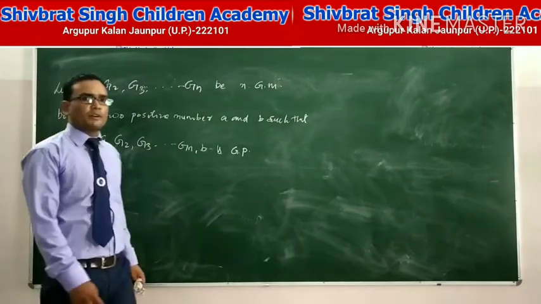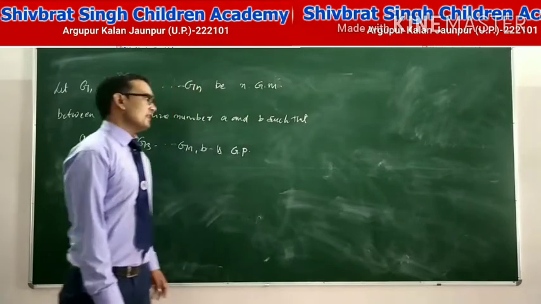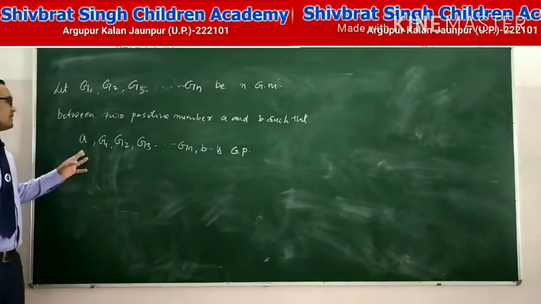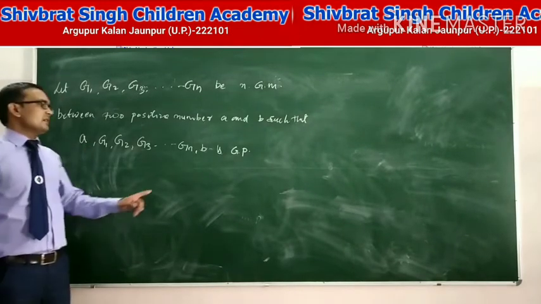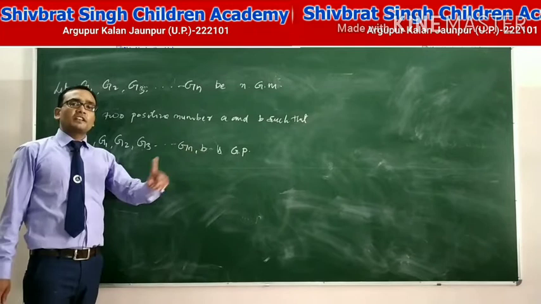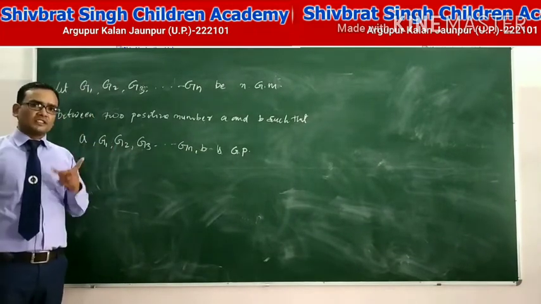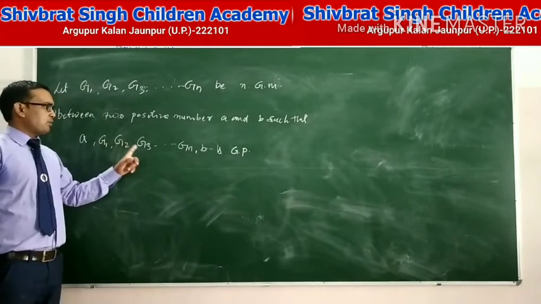This sequence is a GP, the first term of the GP is A and the last term of the GP is B. How many terms are in this GP? There are n plus 2 terms in this GP. First, second, third, fourth.